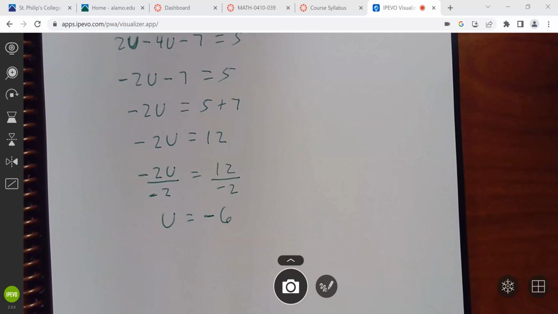Any questions on 1 through 5, solving for x? Number 6, they want us to write the equation, so basically translate this from English to math symbols.